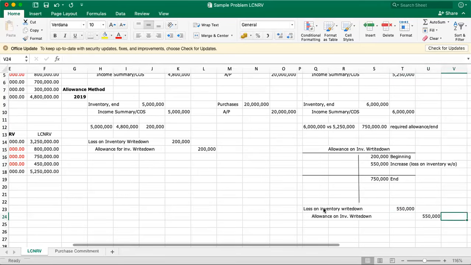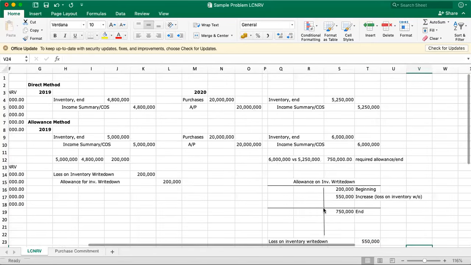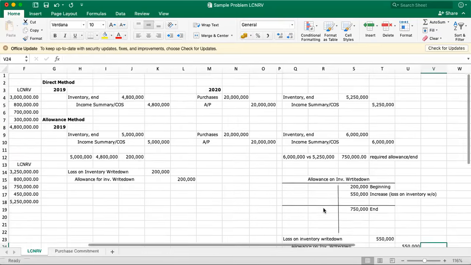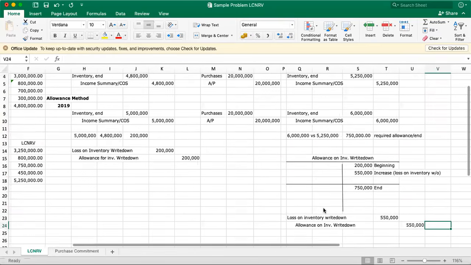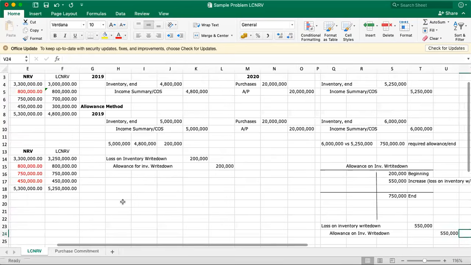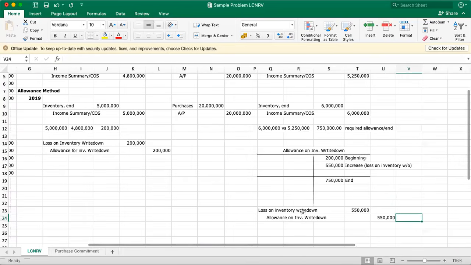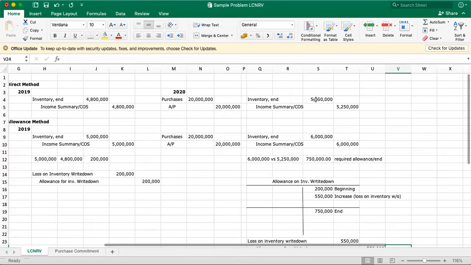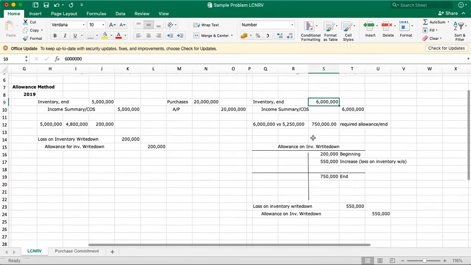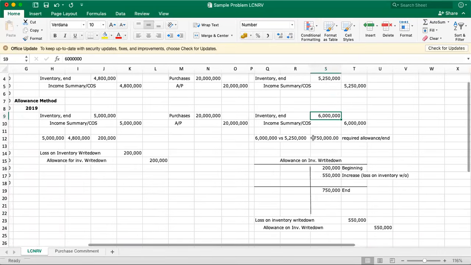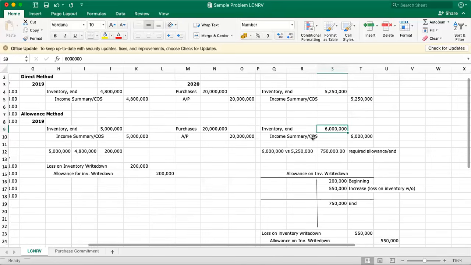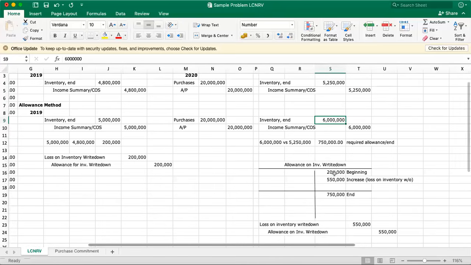Mao ni atong entries. Diba yung kagahapon, either aha nga method, you'll still compute the same cost of goods sold. Di ba? So sige, try na ni. Compute ang cost of goods sold. And also, the balance of the ending inventory of 5,250,000 using the direct method under the allowance method is 6 million minus 550,000. Dili siya equal, you have the 200,000, di ba?